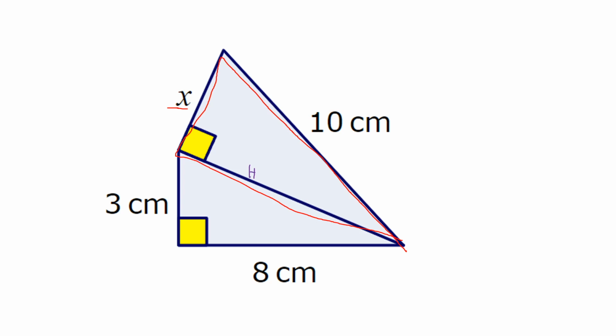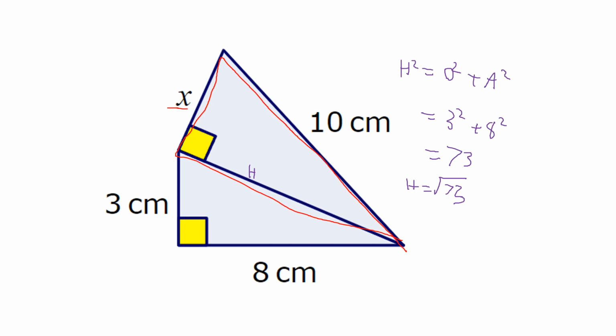So again, h squared is just going to be equal to opposite squared plus adjacent squared, which is equal to 3 squared plus 8 squared. And if we plug that into our calculator, we get an answer of 73. H is equal to the square root of 73. Let's leave it at that, just for now, because this is not our final answer.